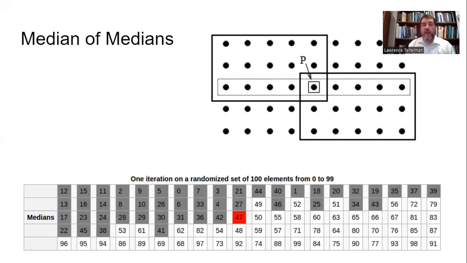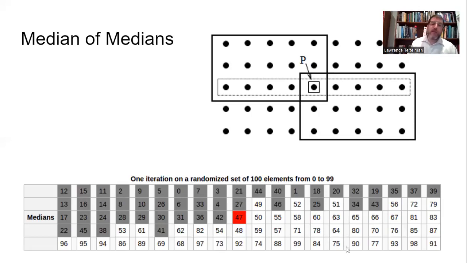And how many are we going to have now? So the first time around, how many medians did you have? 20, right? Next time around, how many are you going to have? 4, right? Because you keep dividing by 5. And then you're going to do one more time and you're going to get 1.